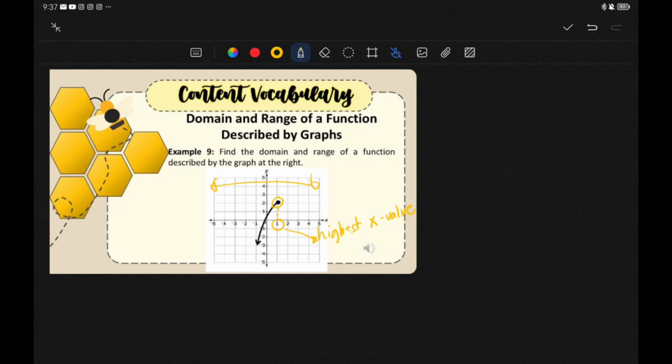Therefore, the domain is the set of all real numbers. So we are going to write this in set notation. The domain is an element of all real numbers less than or equal to 1, because we are going down and our 1 here is the highest x value.